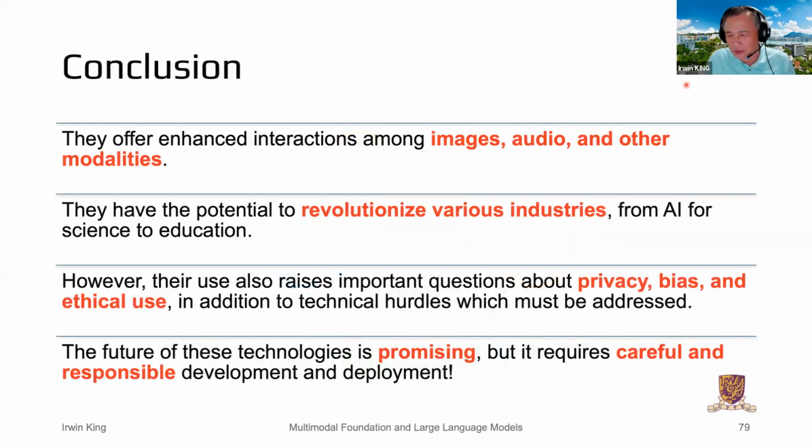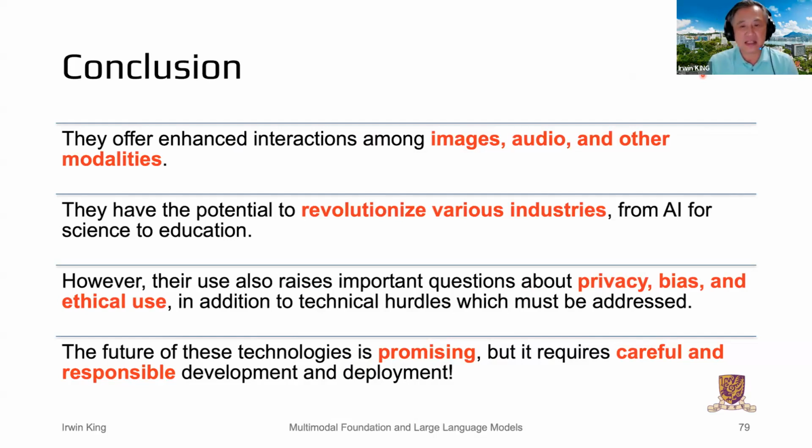So the conclusion of the talk today is that I hope you agree with me that multimodal foundation models and large language models are important. We need to incorporate image, audio, DNA sequence, action, and many other things into this multimodal foundation network.